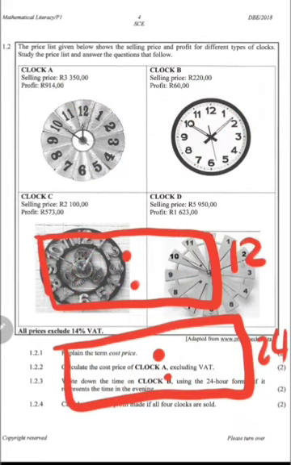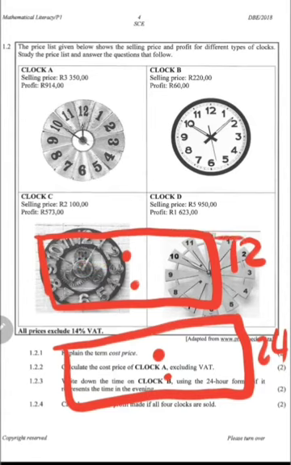So the question actually asks us to write it in the 24-hour format, not in the 12-hour format. Looking at clock B, the time reads 10 o'clock in hours, and it's almost 10 minutes. To be accurate, it reads as 8 minutes.